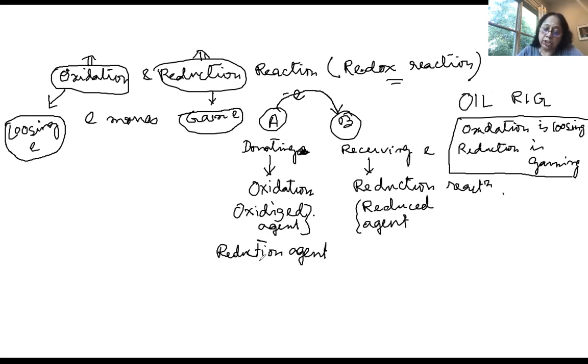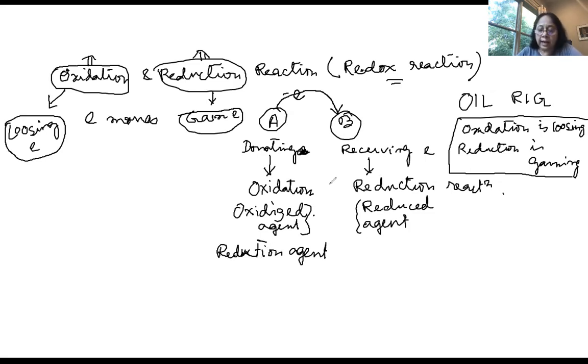So that's why it's reduction agent. Like if you want to buy a house, what does an agent do? An agent helps you, right? So that's the job of an agent. So over here, reduction agent means the agent who is actually helping some atom to be reduced. So that's why over here, A is reduction agent.